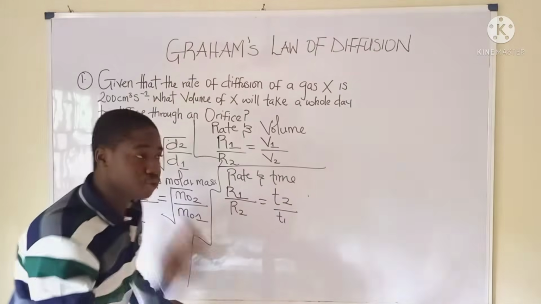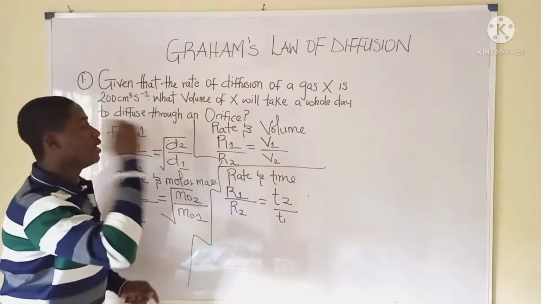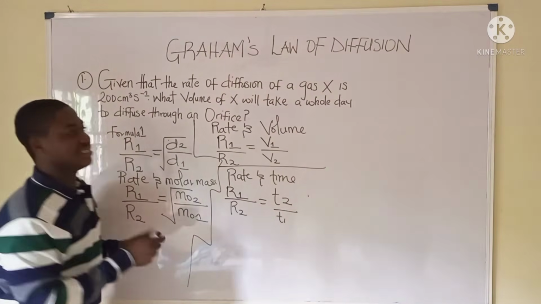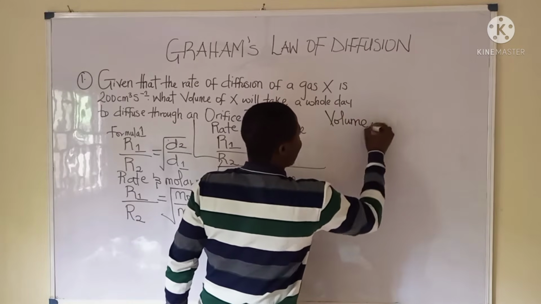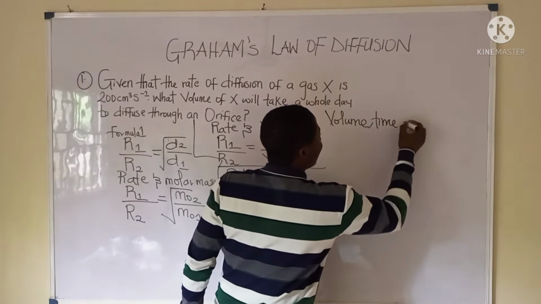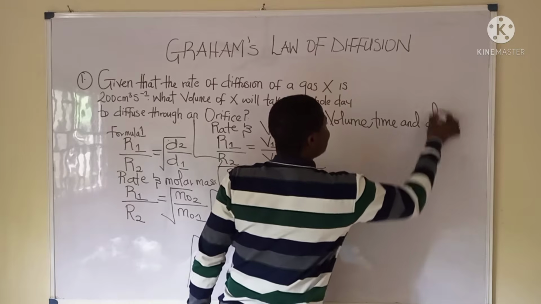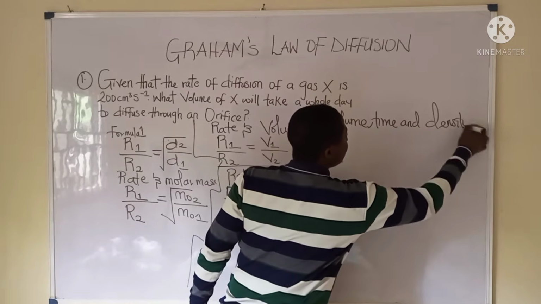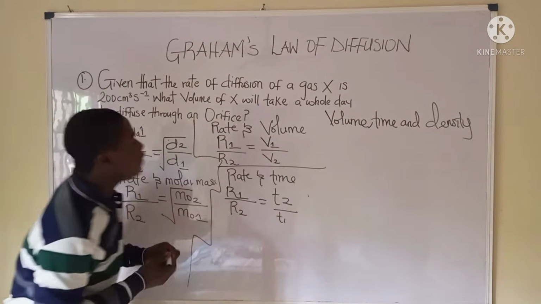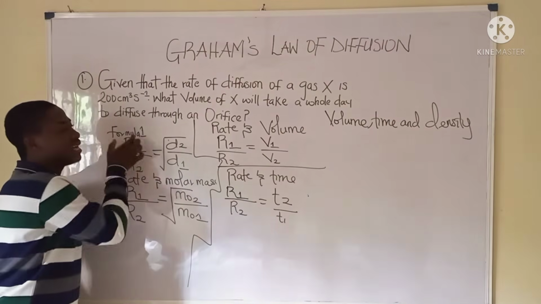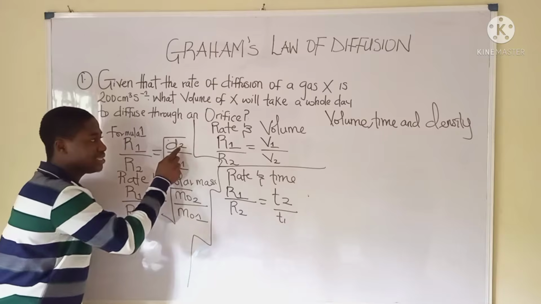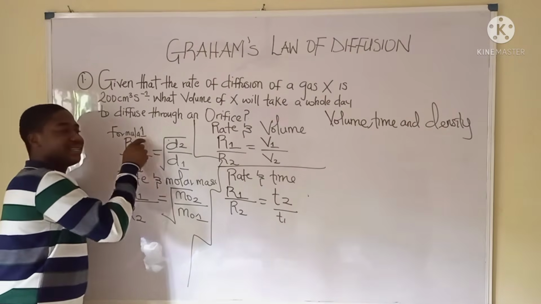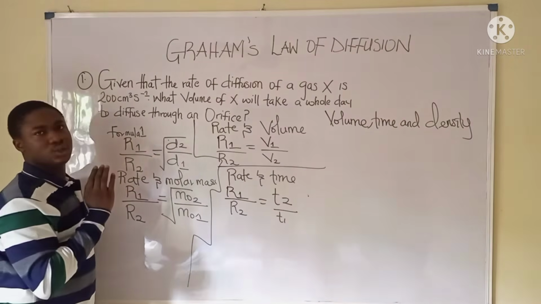Now, let's relate volume, time, and density. What will be the equation for this? If you could recall, we said that rate is inversely proportional to density, because rate increasing, density reducing.